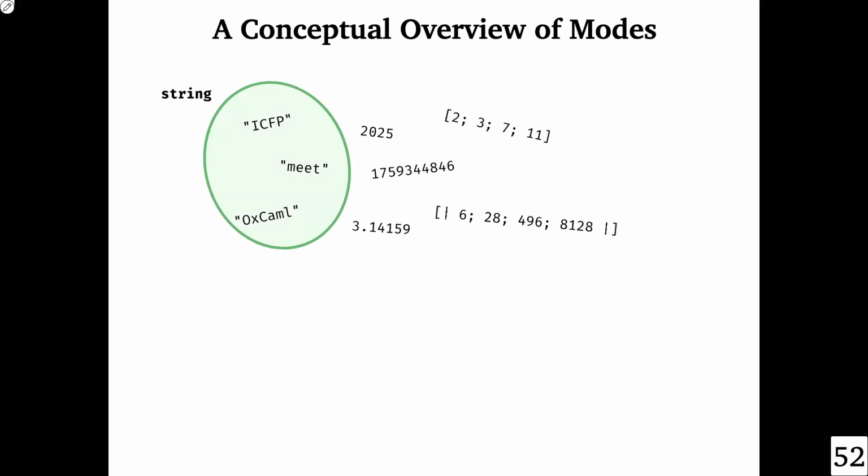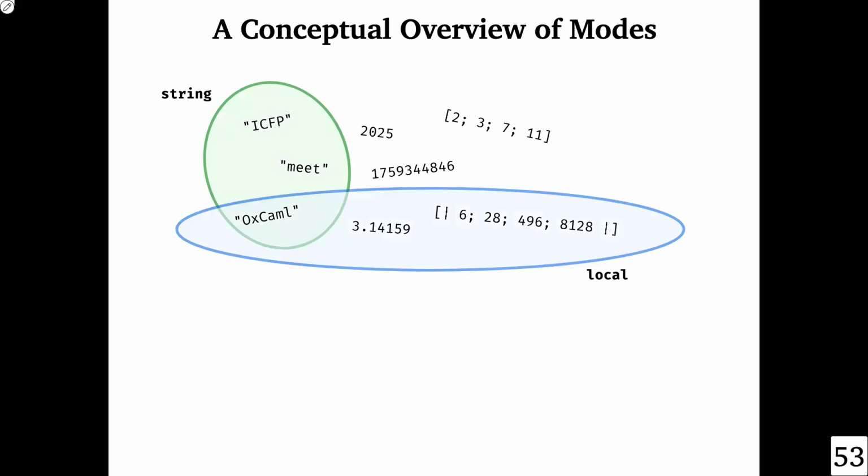If we have an integer, we know that that is not allocated and it's just an immediate value, etc. Modes also ascribe properties to values, but they ascribe properties that make sense for a whole bunch of different types. So for strings and floats and arrays, I can say that these things are local. And I could have drawn this bubble around any subset of these values, and it still would make sense.